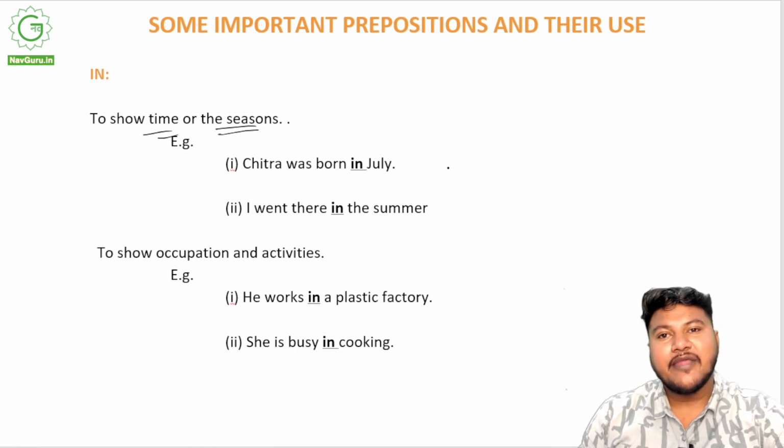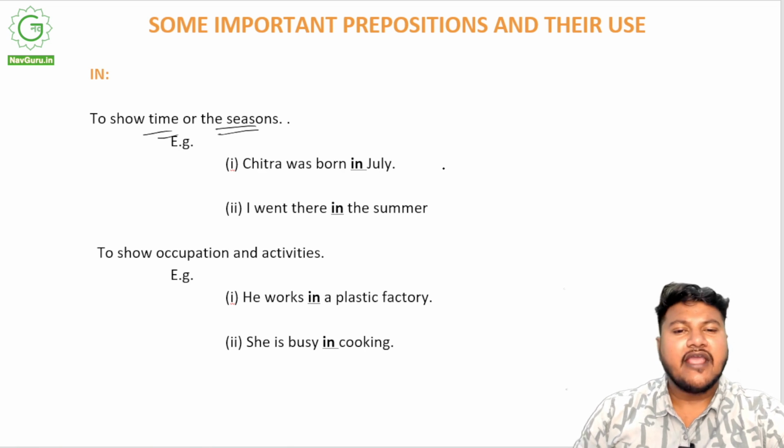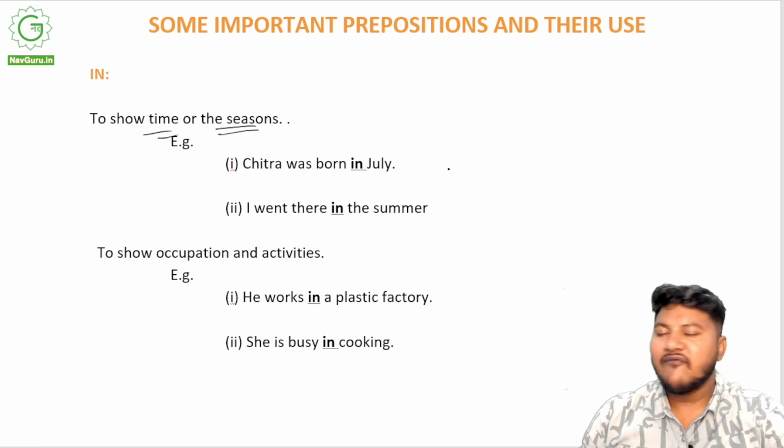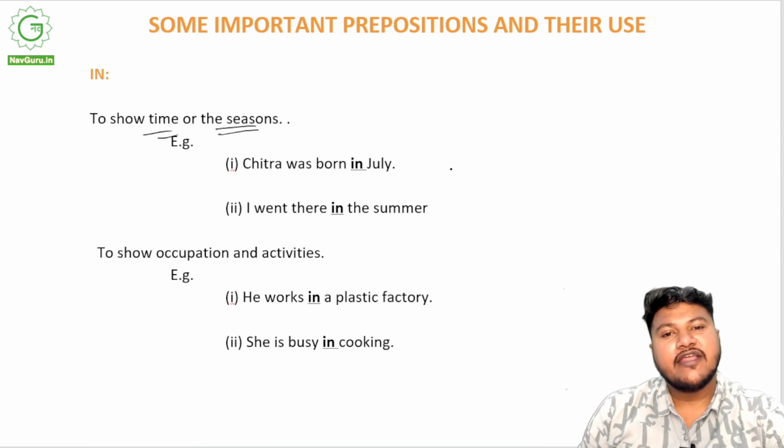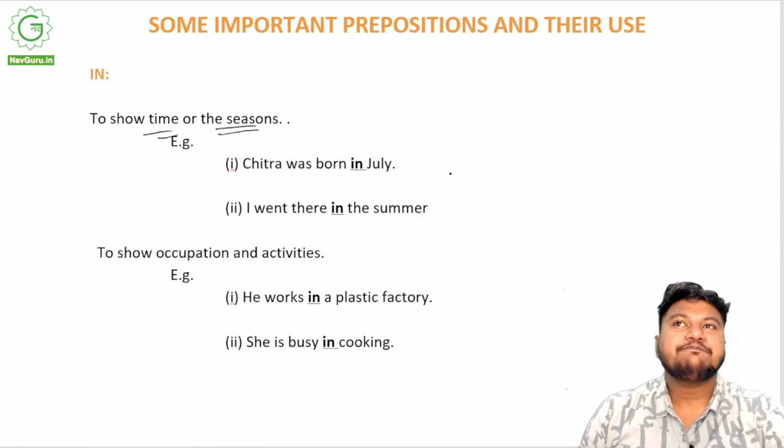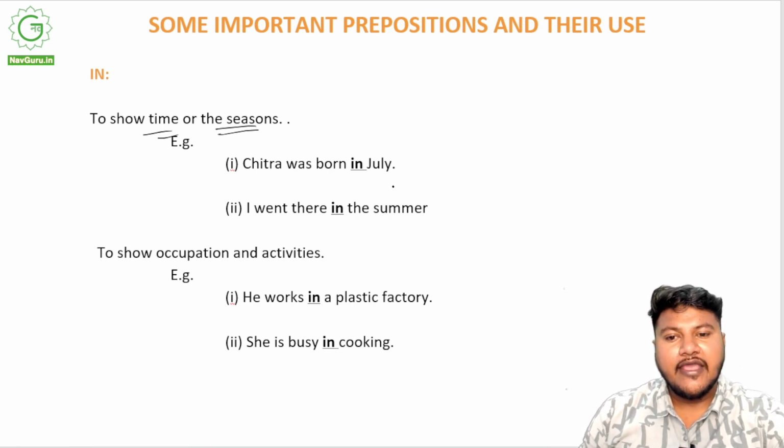Teachers' Day falls in September. Any of the months that we are mentioning, they would come with in. Any of the seasons that we are mentioning, it is very chilly in winter. I discovered my love of the rains last autumn or summer. So whenever we are talking about seasons, then we use in.